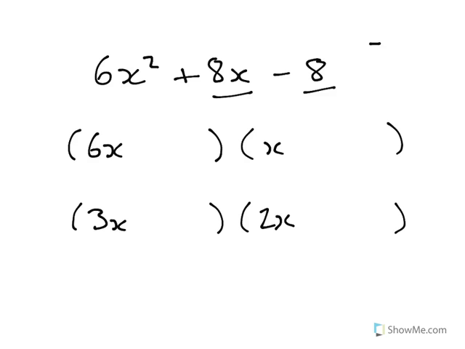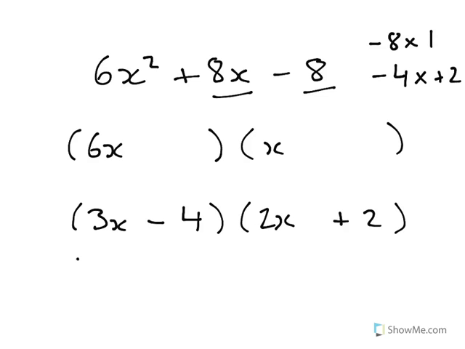So what different ways could I get minus 8? Well, I could get it by minus 8 times plus 1, or I could get it by minus 4 times plus 2. So I could put these numbers in here and play around with them a little bit and see which of the ones actually satisfy this equation. Let's try putting minus 4 here and plus 2 and see what we get.